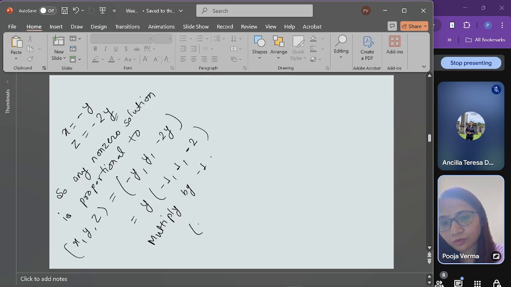So what will you get here? 1, minus 1, 2. Still it will be a valid homogeneous vector.